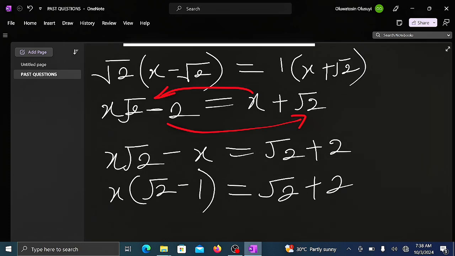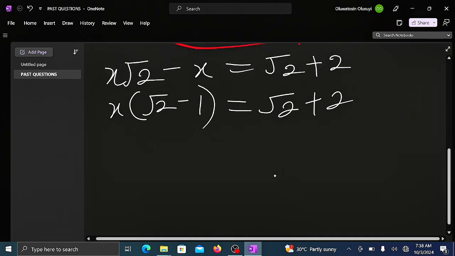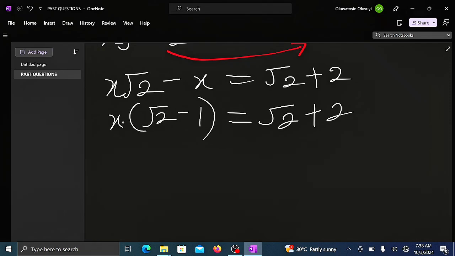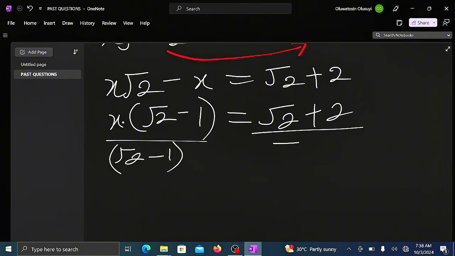When you have a question like this, you are looking for x, don't forget. So we can get rid of root 2 minus 1 by dividing both sides by root 2, take away 1.